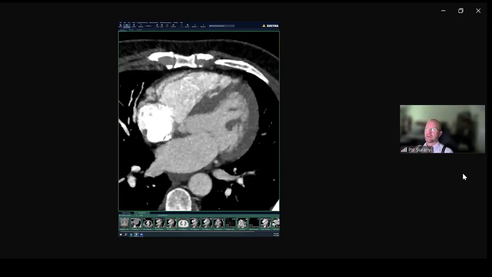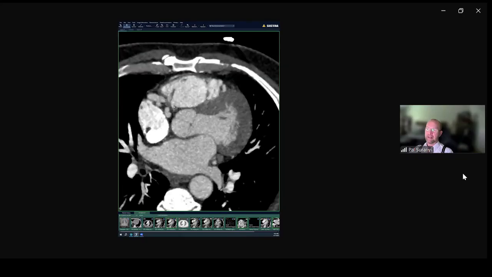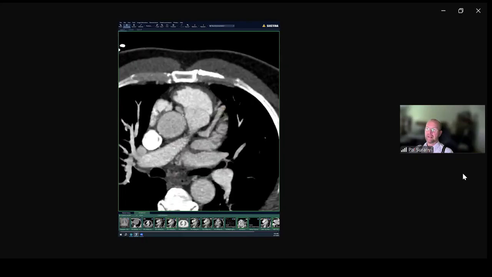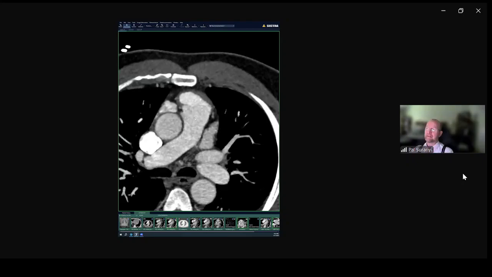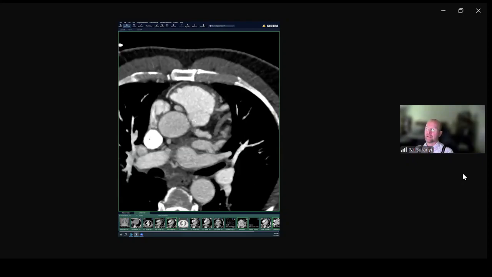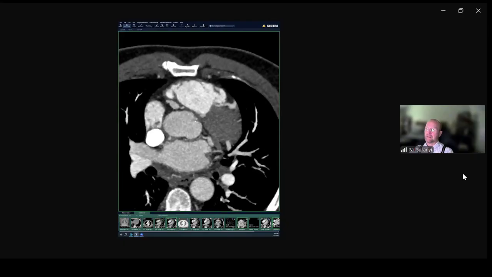And a lot of these patients end up with retrograde flow into the pulmonary arteries and eventually can develop heart failure that way.